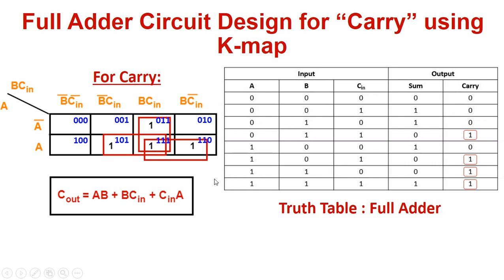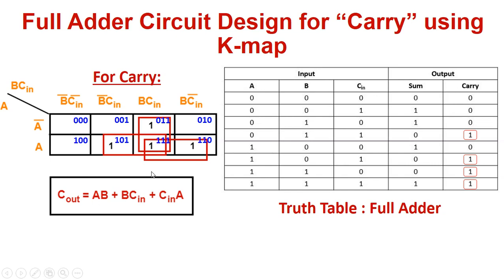Here our target is to identify the pairs with consecutive ones together. We have three pairs. The first pair is for the cells 101 and 111. Another pair is for the cells 111 and 110, and the third pair is with the cells 011 and 111. These three pairs together will give three terms in the expression.